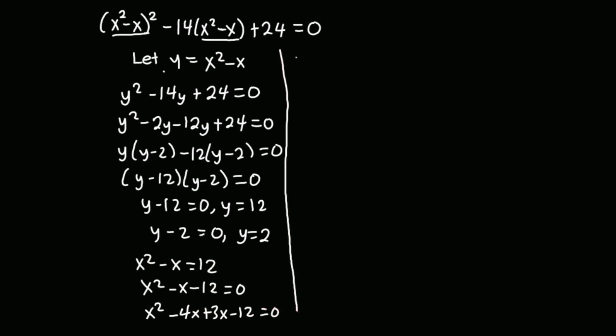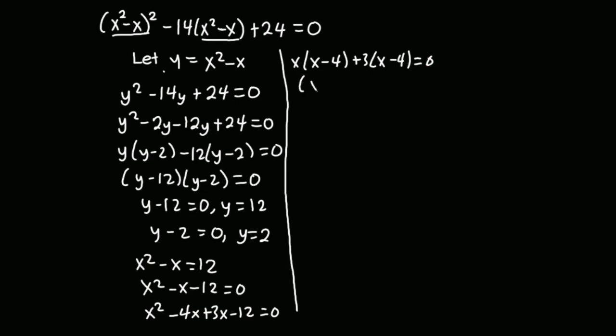Factorizing, we'll get x into brackets x minus 4, and then we have positive 3 into brackets x minus 4, and this should be equal to 0.